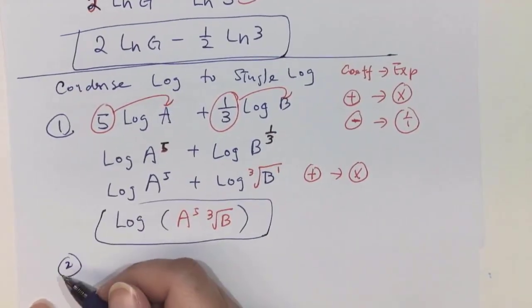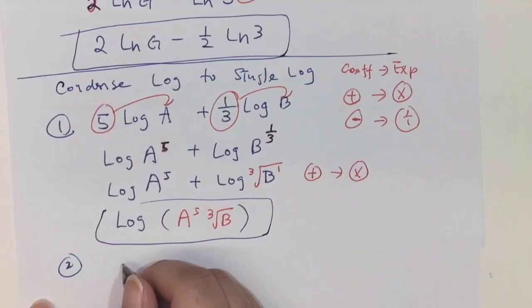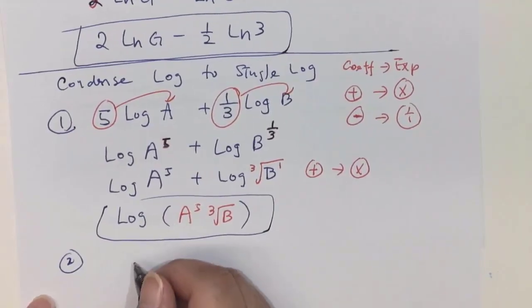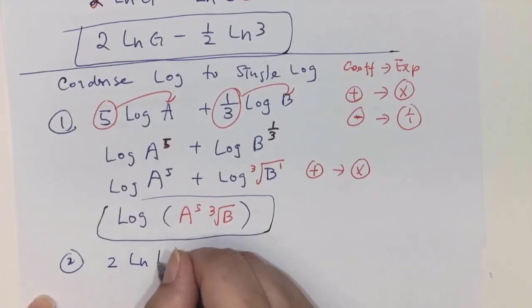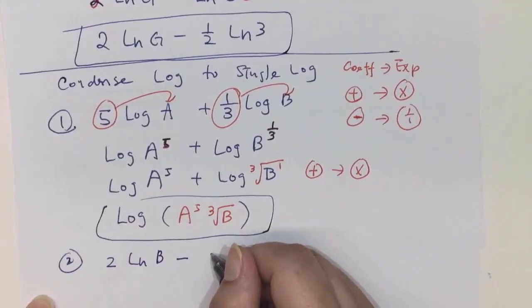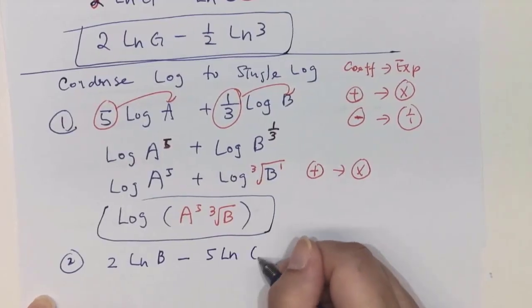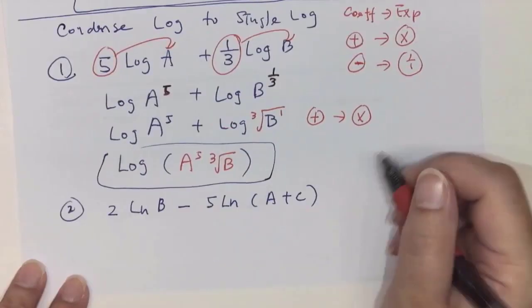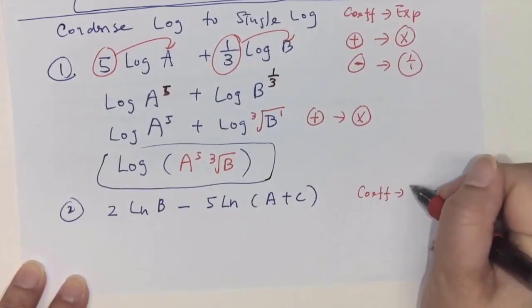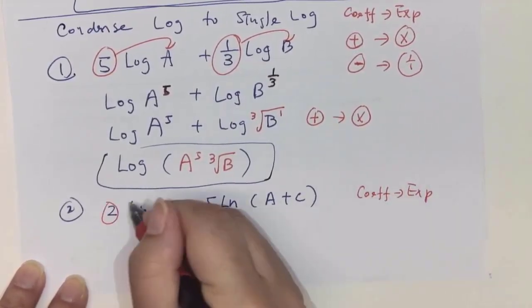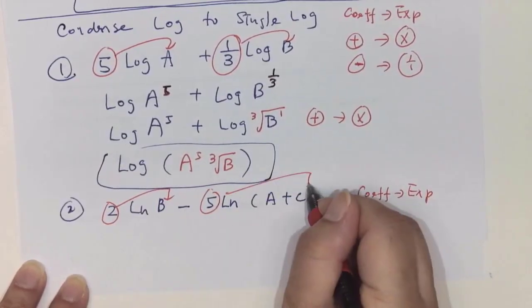And the last one we have here, we got 2 ln of B minus 5 ln of A plus C. First, we see coefficients will turn into exponents, like here and here.